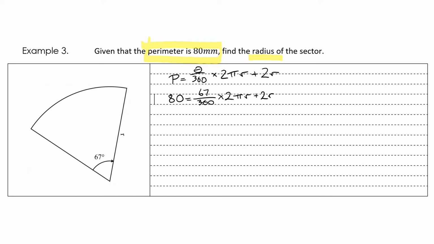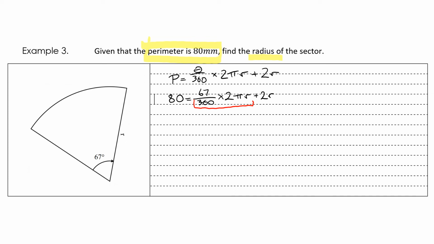Now we're going to use algebra to solve this, but it's a little bit tricky because we've got 2 different r's in 2 different terms. So first thing we're going to do is combine the terms or have only one r. Step 1, we're going to simplify this term by multiplying 67 over 360 by 2.